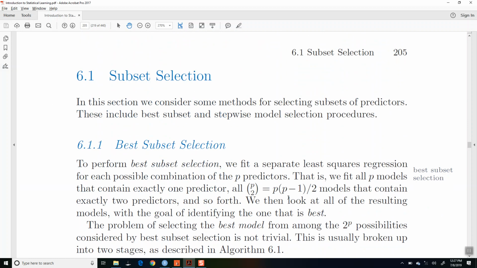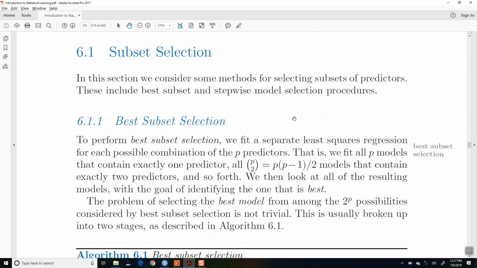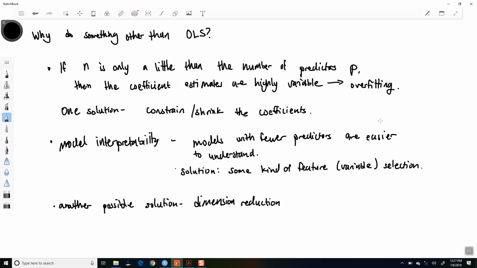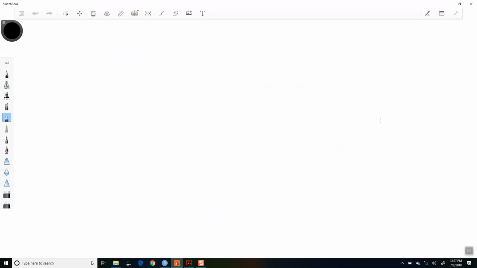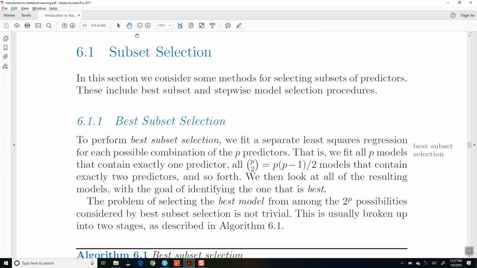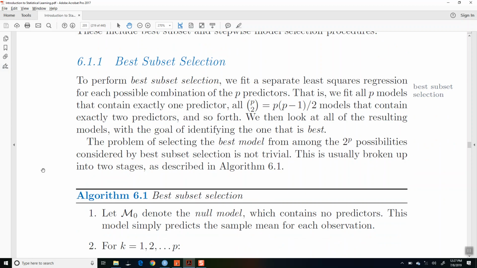Okay, all right, so subset selection. This should have been covered extensively, I think, in 101A, for linear regression. But I guess I'll just kind of blitz through this. Okay, so best subset selection.